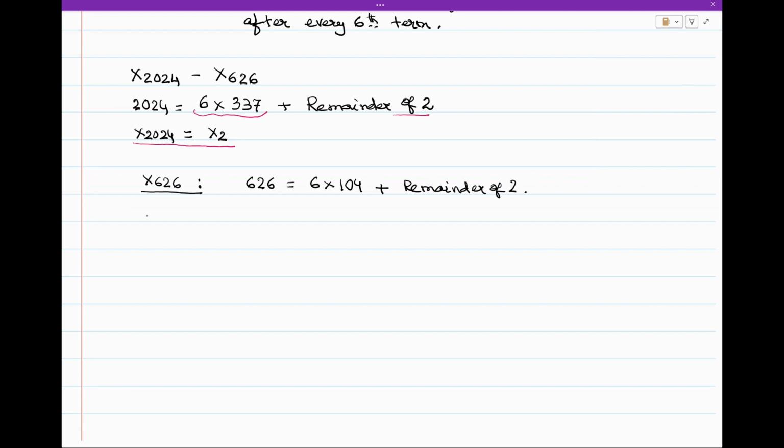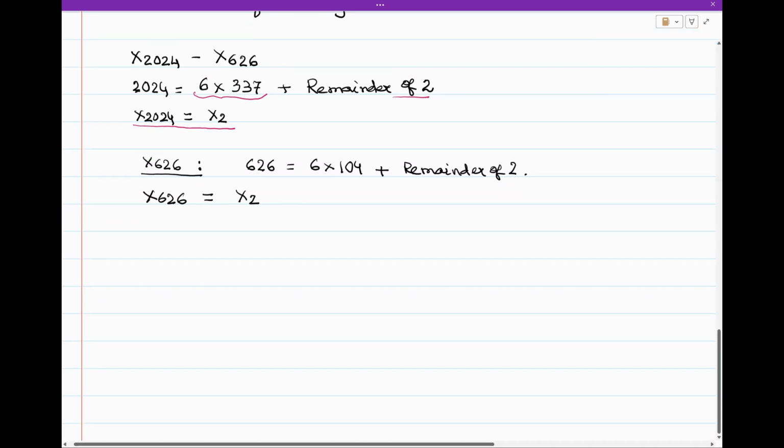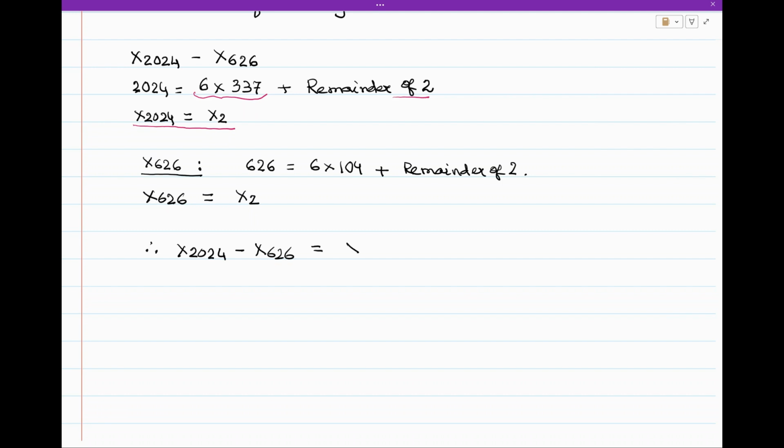Therefore, x626 will have the same value again as x2. Therefore, x2024 minus x626 is same as x2 minus x2, and that is equal to 0. And that is the answer.